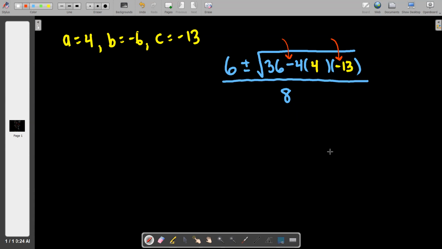So my take is, as we have this next part of our conversation, let's not think of the negatives. Let's just say the numbers and put them in our calculators as regular: 4 times 4 is 16, and 16 times 13 is 208. And so when I see what's inside of the square root sign, I really see it now as 36 plus 208.